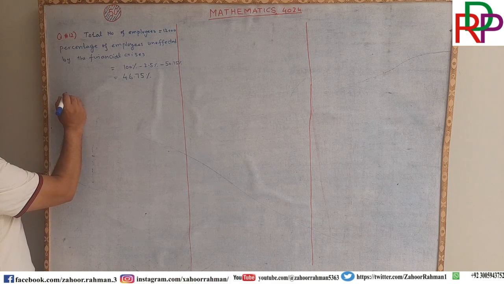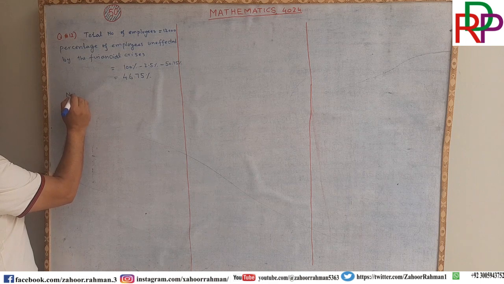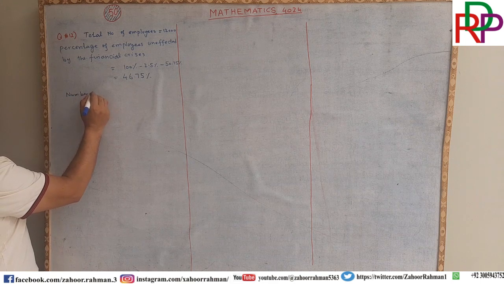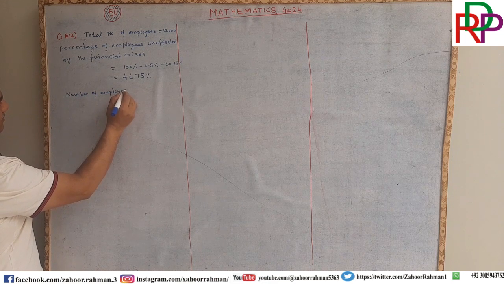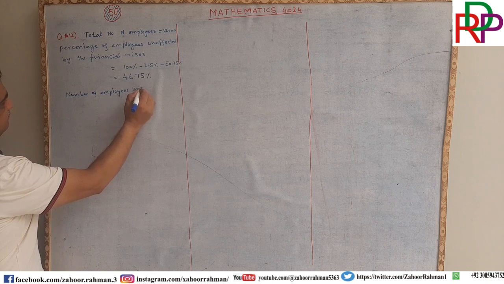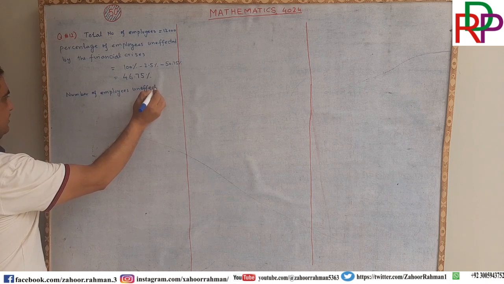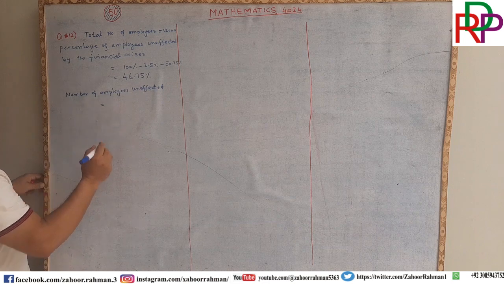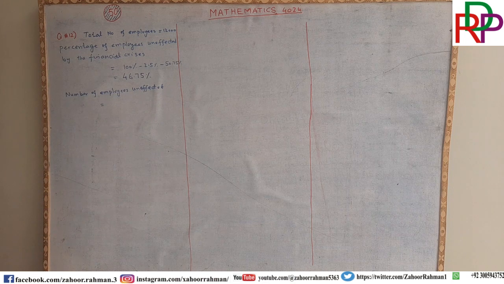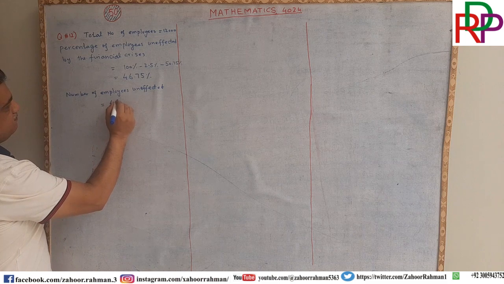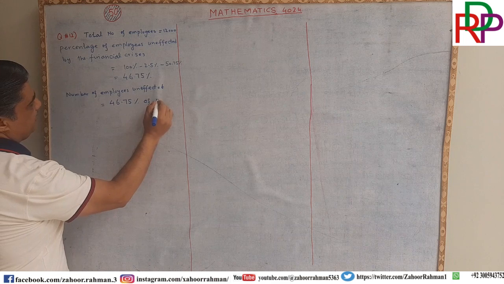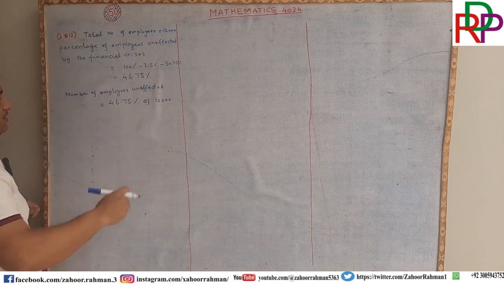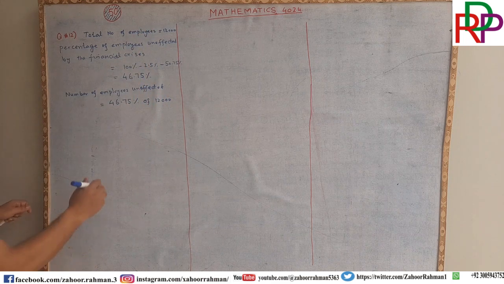So, number of employees unaffected is equal to 46.75% of 12,000, because the total number of employees is 12,000.